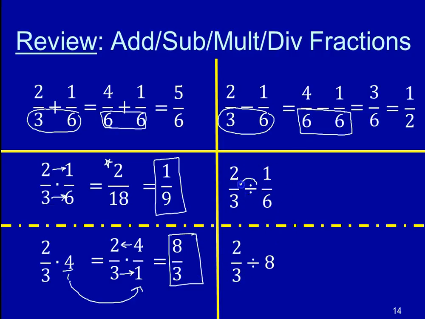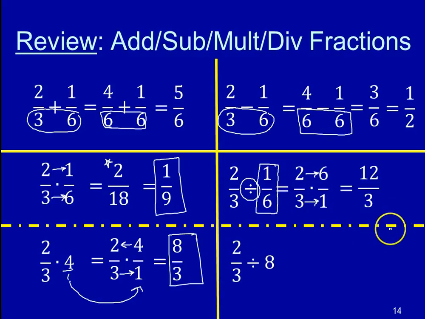So what we're going to do is take these division questions and turn them into multiplication. And what did we say? In order to turn them into multiplication, we have to change this into the reciprocal. So instead of 2/3 divided by 1/6, it's going to be 2/3 times 6 over 1. Since this is multiplication, you multiply straight across. 6 times 2 is 12. 3 times 1 is 3. 12 over 3 is 4.